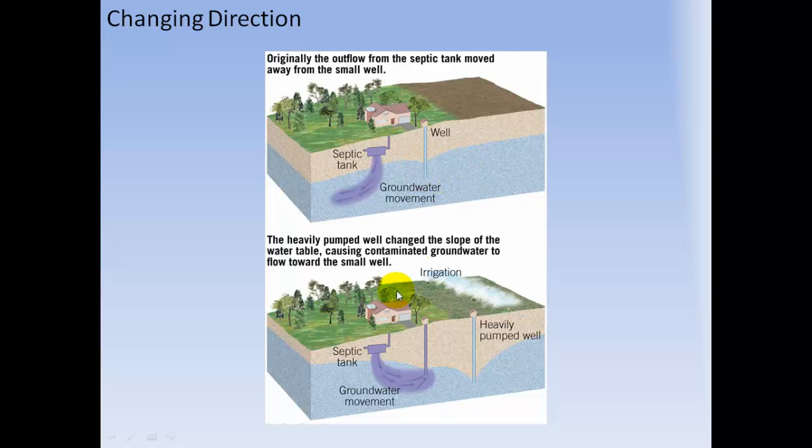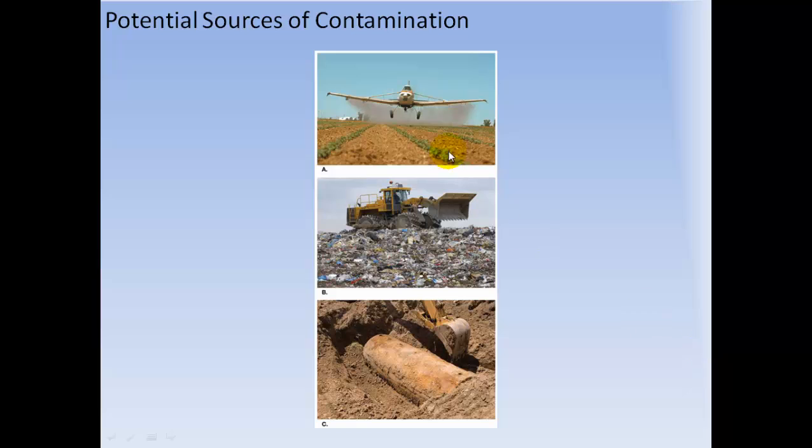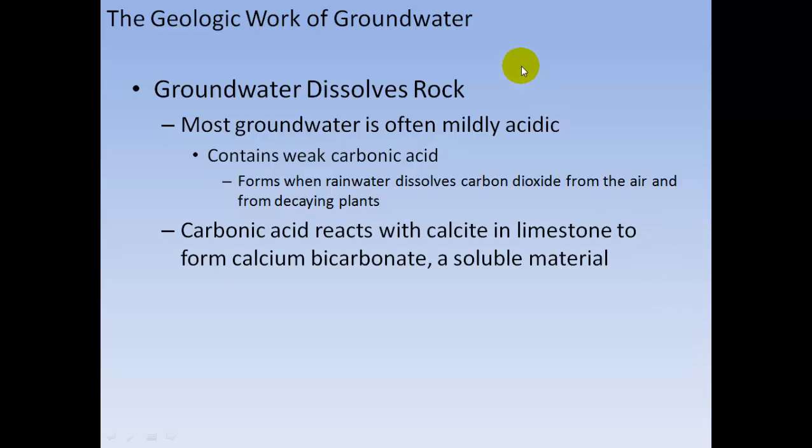This change in direction is caused because we put a larger well here and we're pumping heavily. So this cone of depression is sinking more, and it's going to be sucking that contamination back up the old well. Other sources: fertilizer, garbage, and just sedimentation from construction.